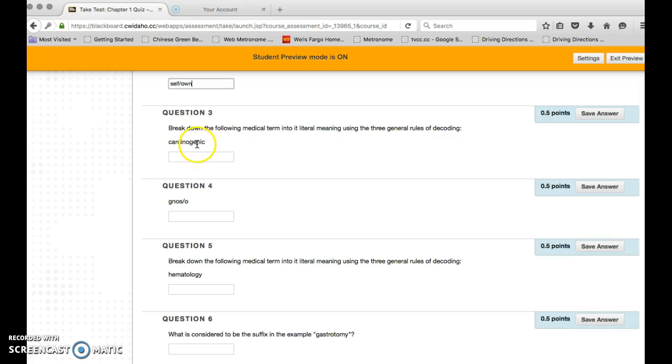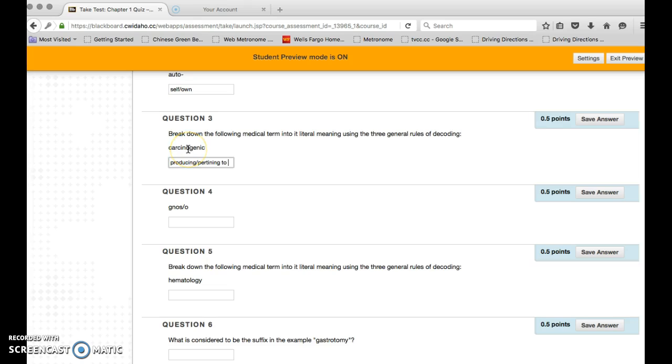The first rule is we start with the suffix. So genic means either producing or pertaining to. Carcino means cancer. Yes, that's a combining form meaning cancer. So the answer to the question is producing or pertaining to cancer.